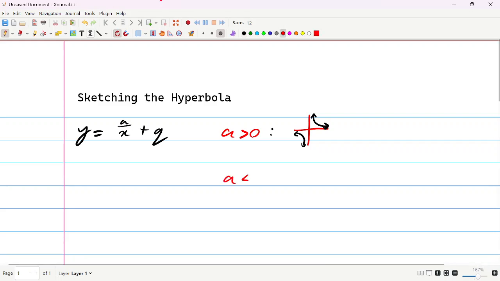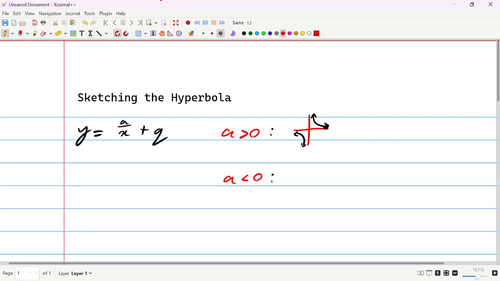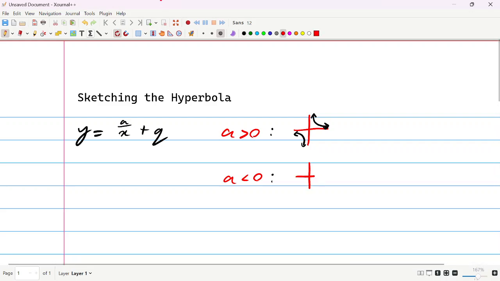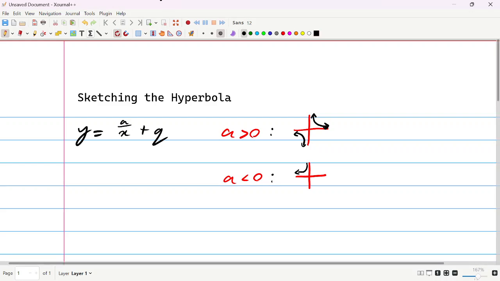But when a is less than 0, the function exists in the second quadrant as well as the fourth quadrant. Okay, so if a was positive, it would look like this. If a was negative, it would look like that.